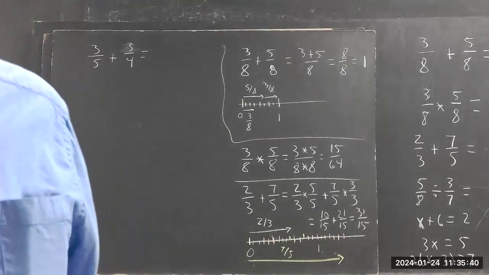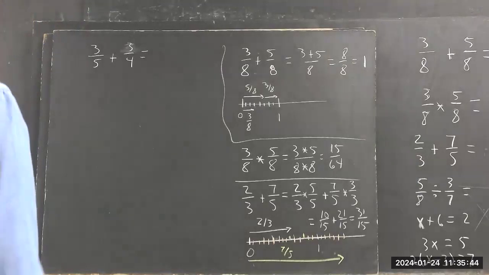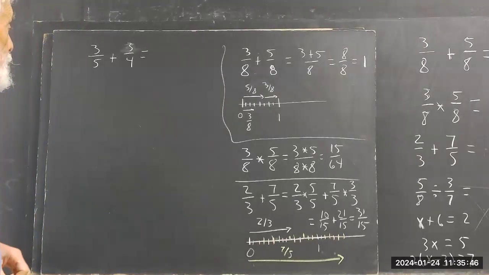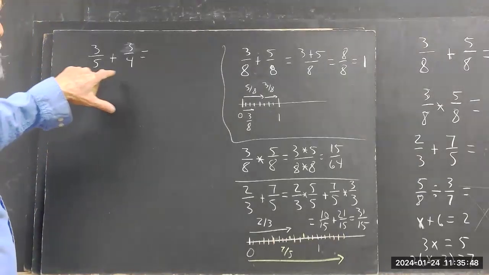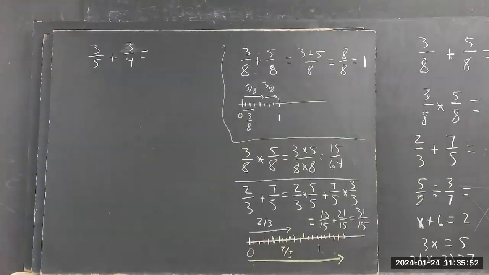Now, what we want to do is we want to find a number that you can divide by both 5 and by 4. Okay, so we're gonna, let's do this now.